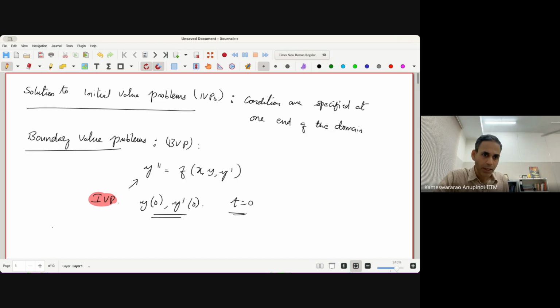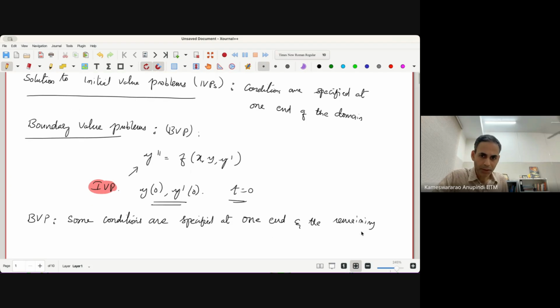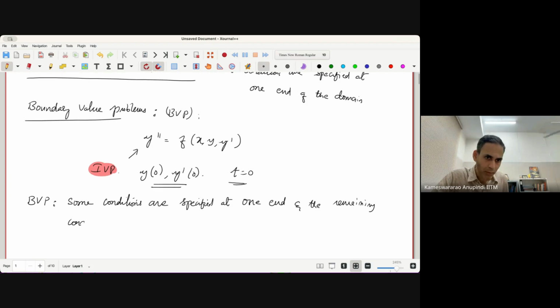Whereas in a boundary value problem, some conditions are specified at one end, and the remaining conditions are specified at the other end.